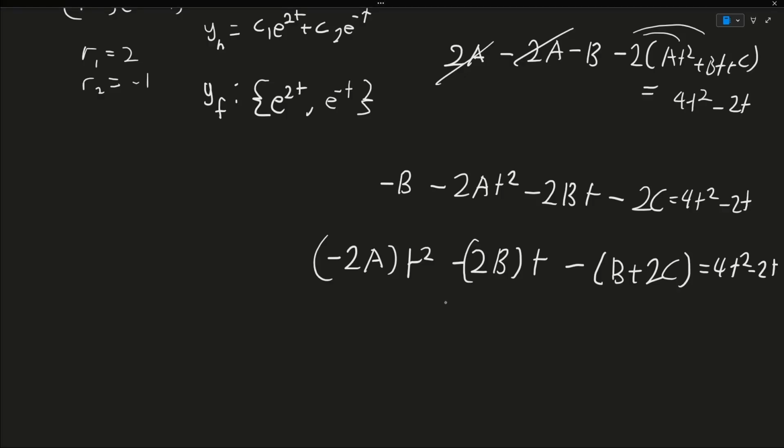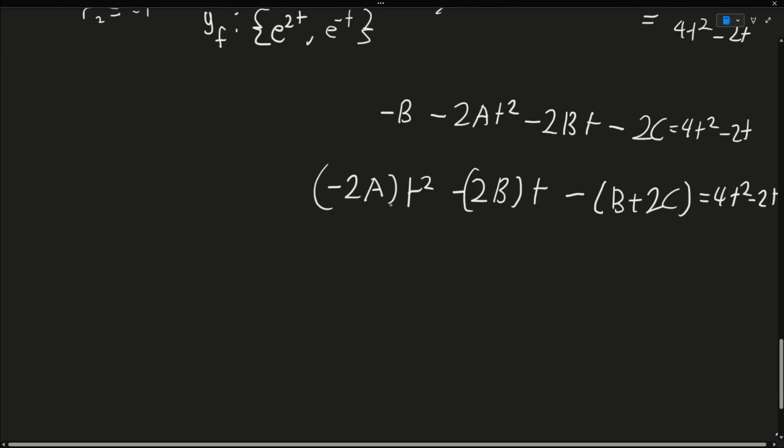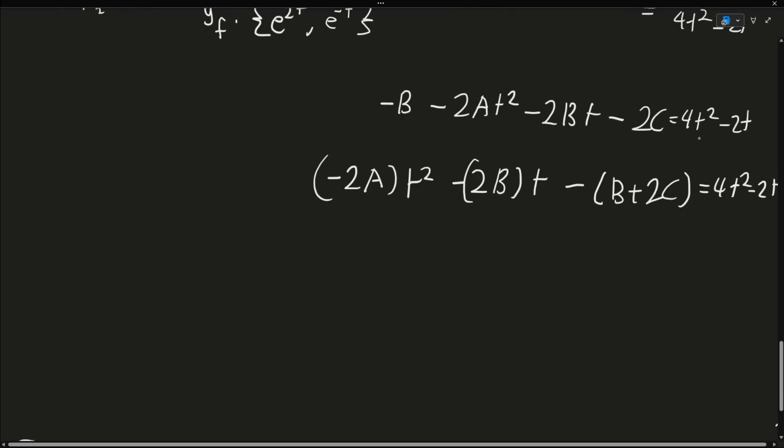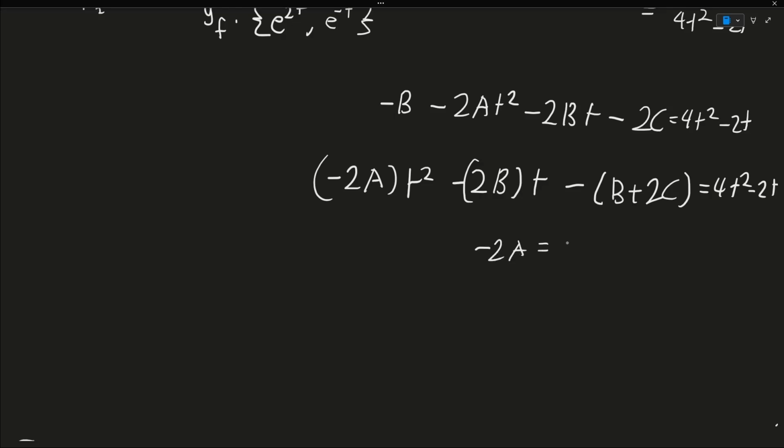Okay. Now, what we can say now is that we have a 4t squared on the right hand side, and on the left hand side our t squared term is negative 2a. So this means negative 2a must be equal to 4 and a must be equal to negative 2. So this is how you get your constant coefficients.